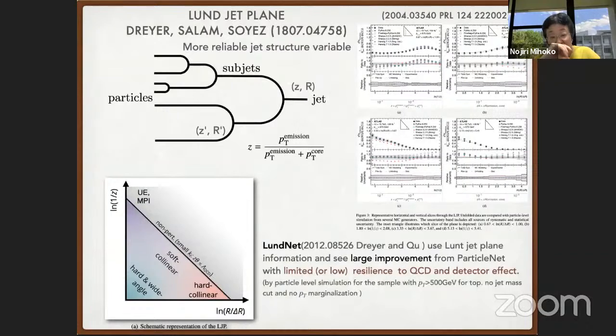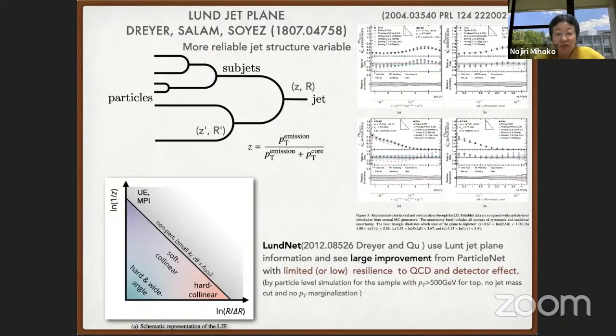clustering sequence. So recently there is a proposal called LundNet that directly uses the parameters on the Lund-jet plane to build the classifier, and they find a large improvement over ParticleNet with limited resilience to the QCD and the detector effect.